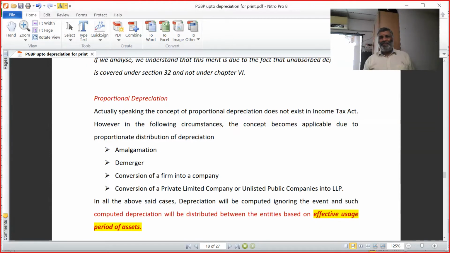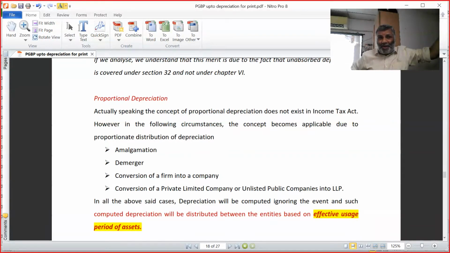The fourth limb of depreciation, which is again important, is proportionate depreciation. We have been saying from yesterday that there is no proportionate depreciation, but now I am coming to a concept called proportionate depreciation. I still hold good, my dear friends, income tax law does not have the concept of proportionate depreciation.